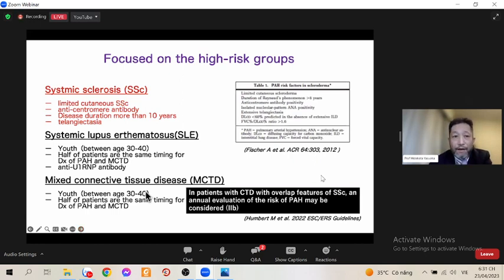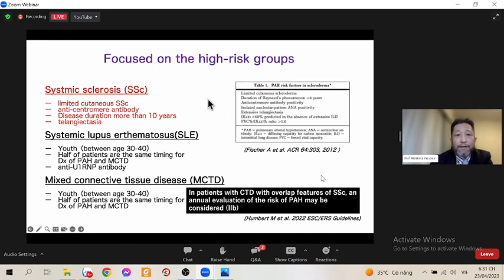Some reports mention the high-risk group, including SSc patients with limited cutaneous scleroderma, anti-centromere antibody, disease duration more than 10 years, and telangiectasia. In some reports, pulmonary function test results are also combined. These are very high-risk groups, so we can detect PAH patients effectively using this kind of high-risk group.